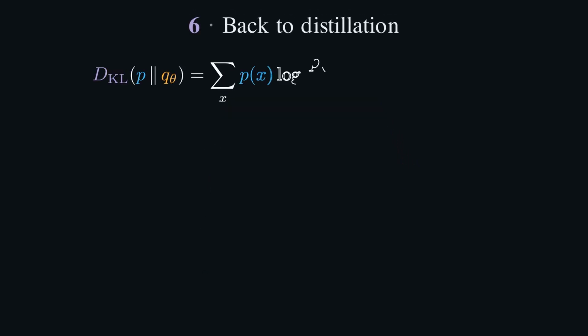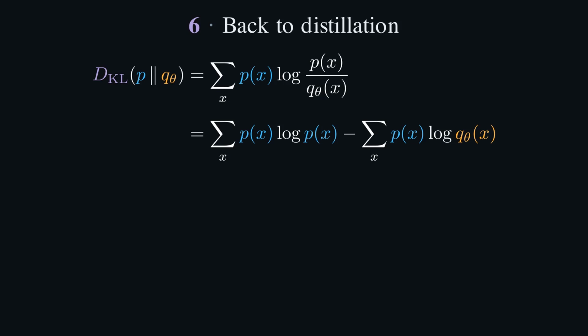Now, getting back into distillation, I think this is a good place to quickly show the proof that forward KL divergence is gradient equivalent to cross-entropy. We now have all the tools to understand it.